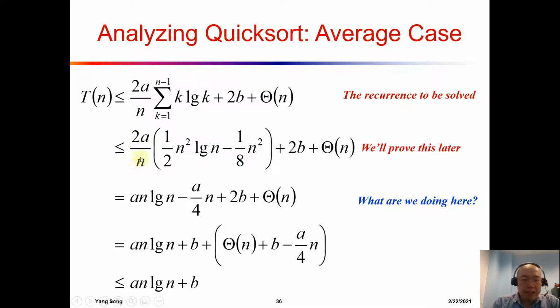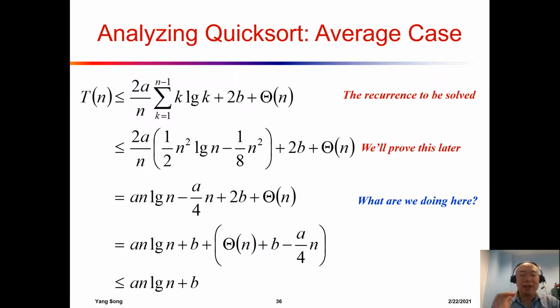And after that, I want to move the 2A divided by n into those two parts inside the parentheses, and then we have this part, and eventually we have the A n log n plus A B, and then plus a few more things, so we can prove that for this Tn, it is smaller or equal to A n log n plus B. And for this part, we have something additional, but whatever is in this parenthesis is linear, right?